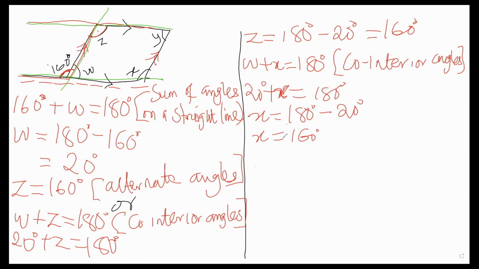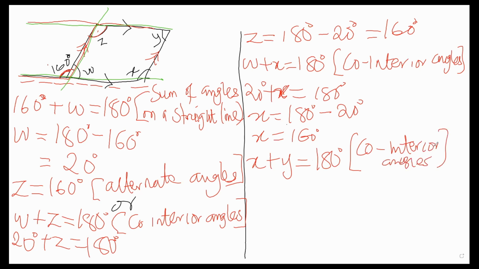We can also say that X plus Y is equal to 180 degrees. Why? Because they are co-interior angles.